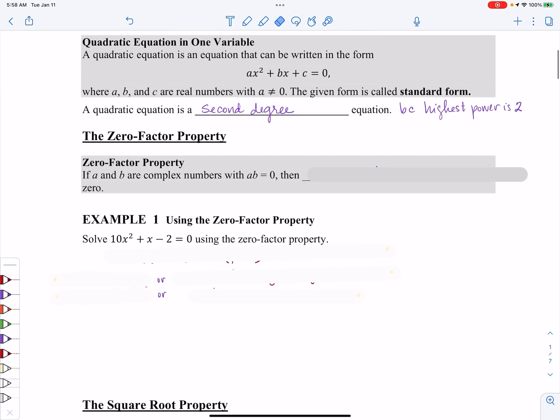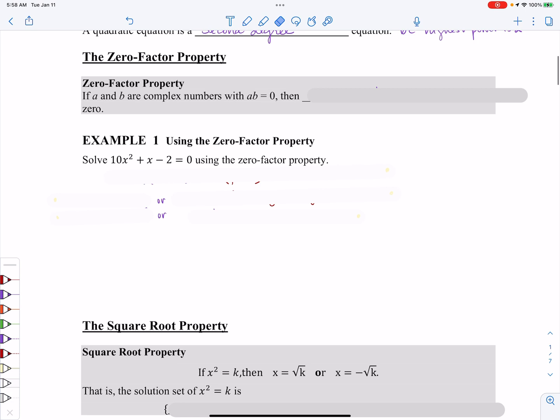So the zero factor property is where when A and B are complex numbers, and when I multiply them, they're equal to 0, then what I know about that is that either A has to be 0 or B has to be 0, or both have to equal 0. So we're going to use that concept.